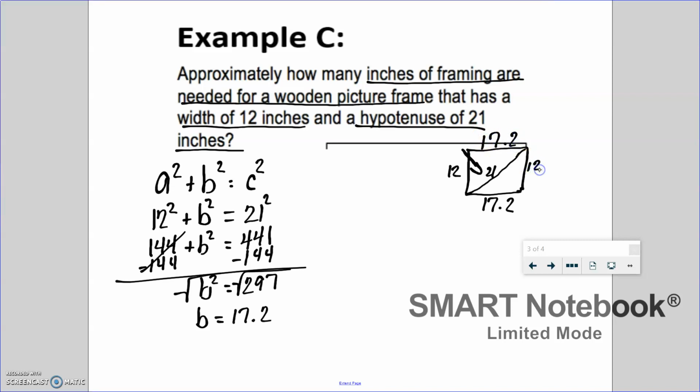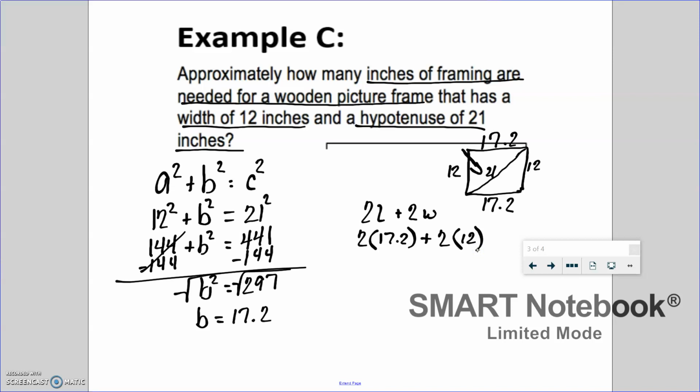Okay, so to find the perimeter, it's 2 times your length plus 2 times your width. Well, we know our length is 17.2 and our width is 12. We want to find the inches that we have.